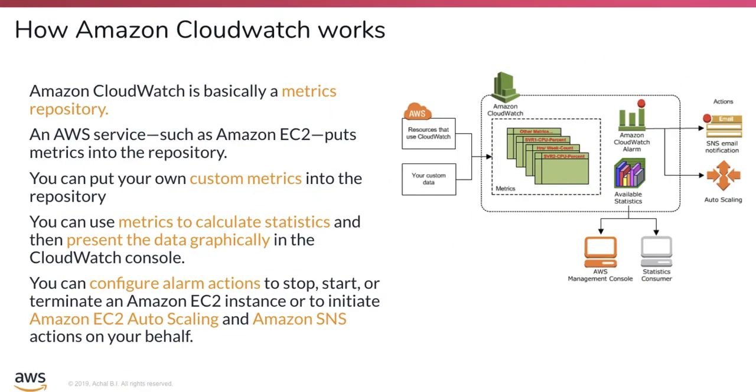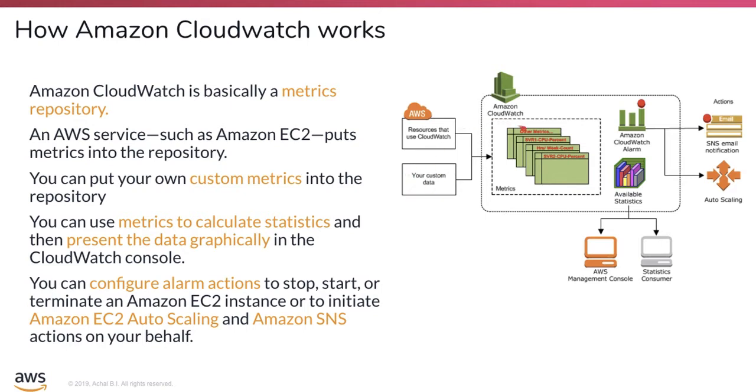So let's understand how CloudWatch works basically. CloudWatch is a metric repository, as I told. These data points are captured from either EC2 instances, or it can be custom application data points.